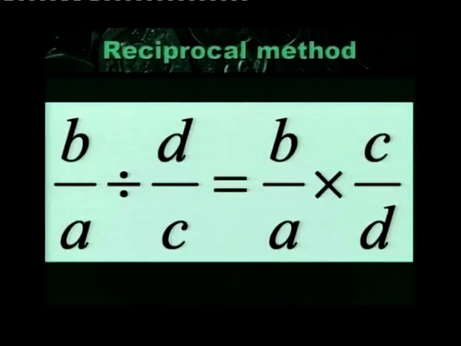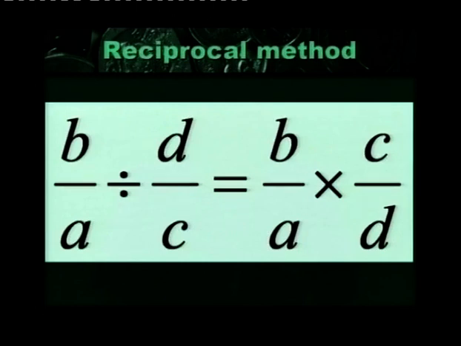All right. So this is what you do when you're using the reciprocal method, 8Es and receiving students. You were taught this in grade 7, right? When you're using the reciprocal method, the first fraction, B over A, remains. The division sign is changed into a multiplication sign, and you get the reciprocal of the second fraction.